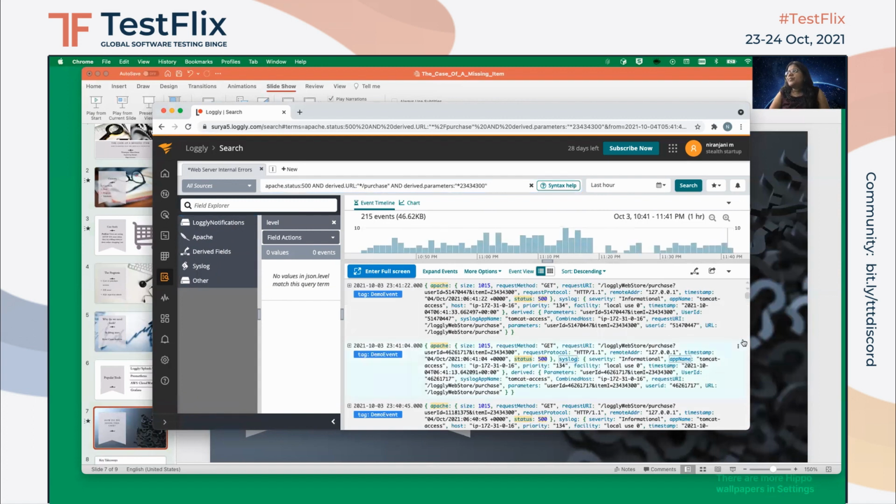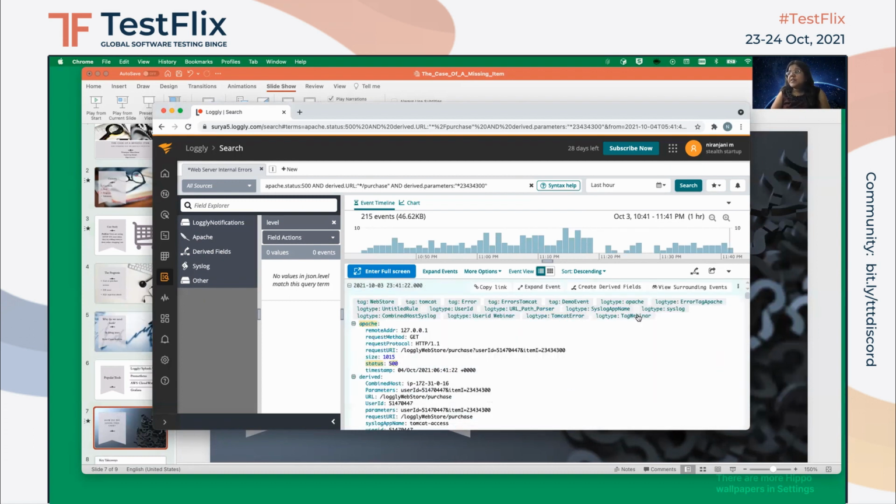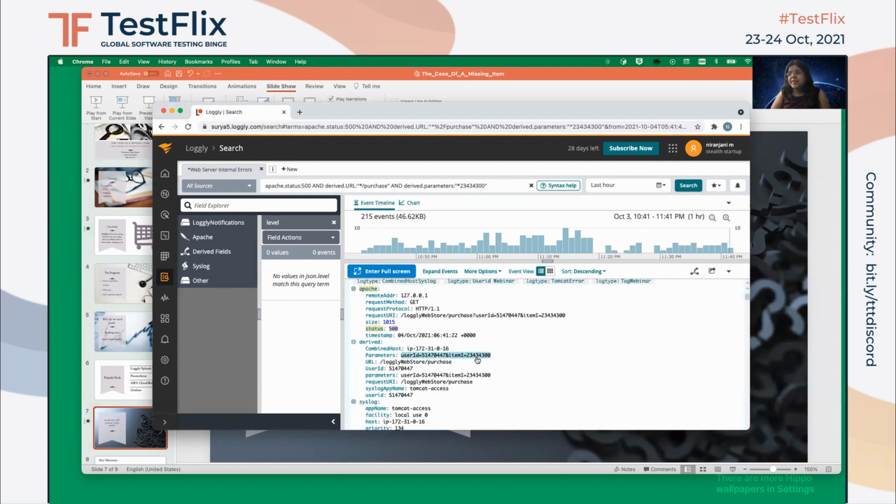Okay, there you go. So what this means is there is this specific item ID. Whenever these 200 different users tried adding this item to their cart, the item went missing and it threw a HTTP 500 error. So this was the root cause.